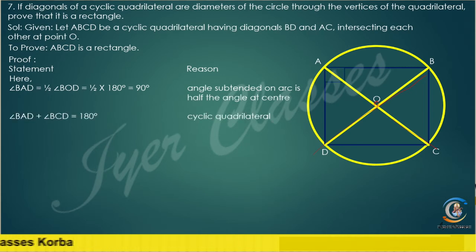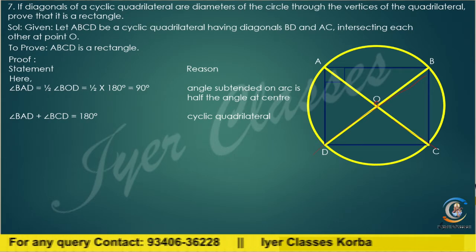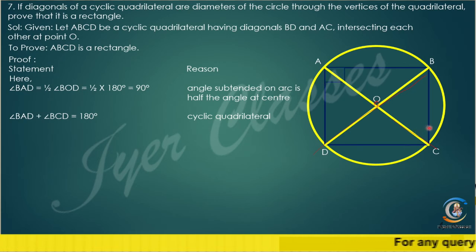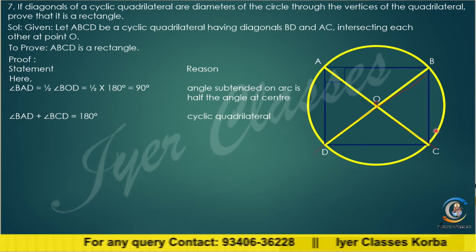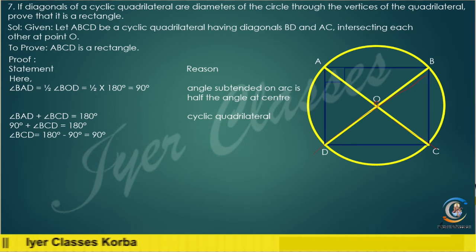Now let us find the measure of angle BCD. We know that the quadrilateral is cyclic, and in a cyclic quadrilateral the opposite angles sum up to 180. So what is the measure of angle BCD? Calculate it, and you will get again 90 degrees.